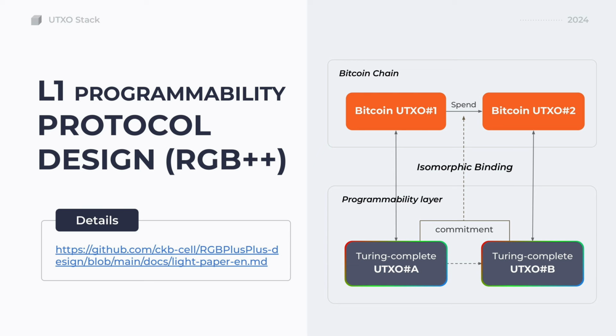So the RGB and Taproot Assets idea is basically the same and simple. We just attach extra data, extra program logic, to the original Bitcoin UTXO. One Bitcoin UTXO is attached with one off-chain data cell, or we call it a Turing-complete UTXO.